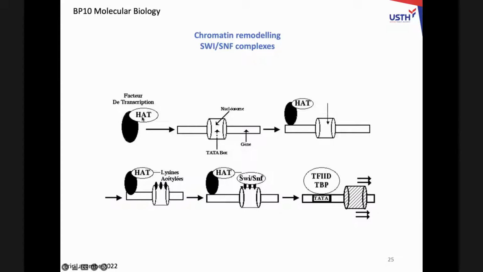So in that case, it's a histone acetyltransferase, which means technically that this transcription factor, the little black box, will be able to recognize a specific locus in the genome, but because it is in interaction with an enzyme that is able to modify the histone tails, it will change the nucleosome, and then it's able to just swipe the nucleosome in order to reveal the important sequence, for example, the TATA box, in order to start transcription.